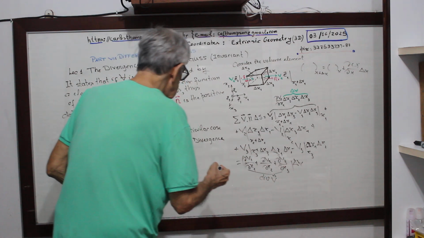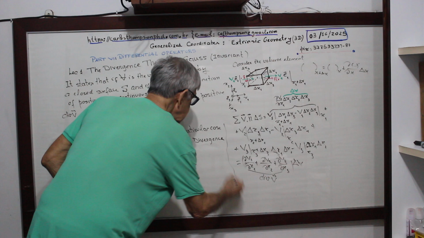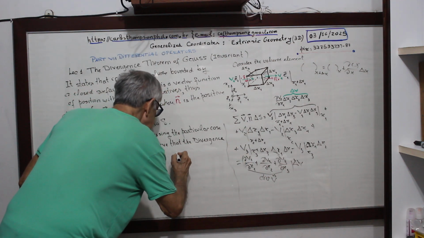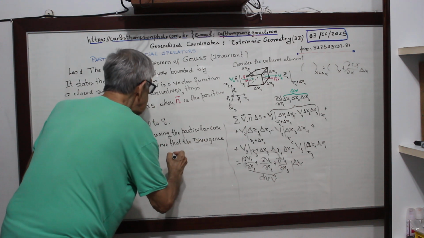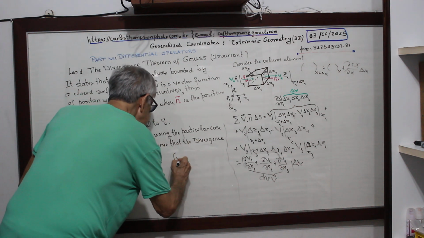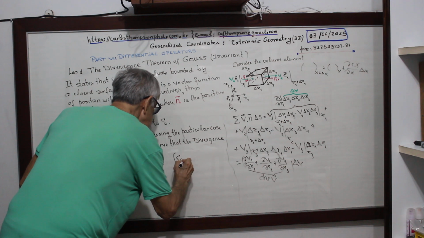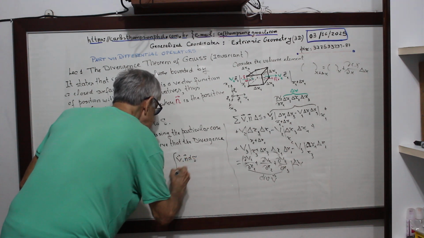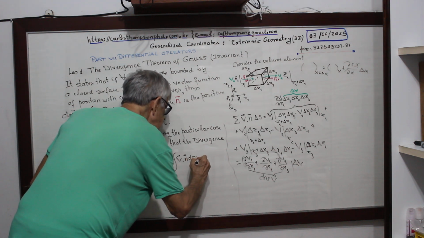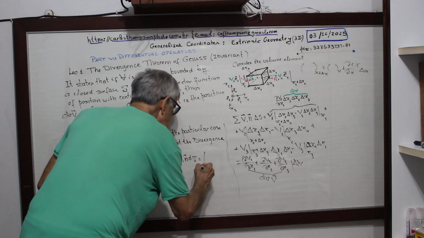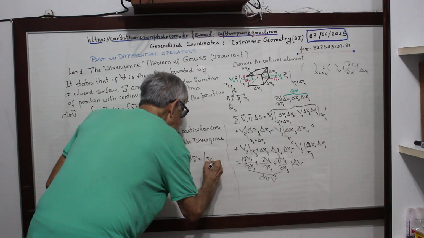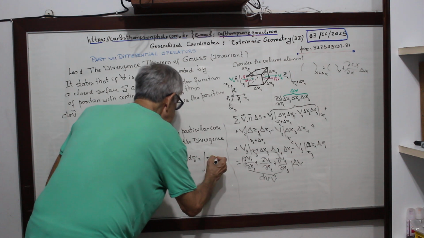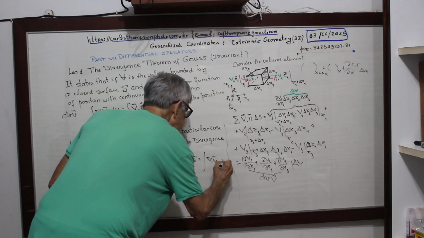So I can write: the integral of V dot n dS is equal to the integral of the divergence of V dV.